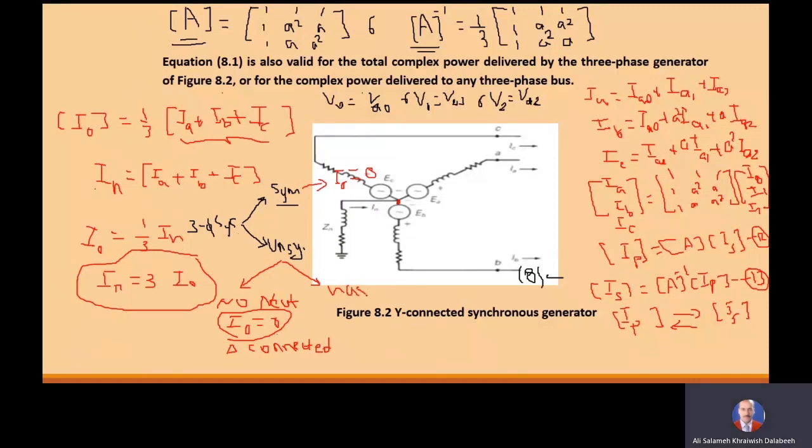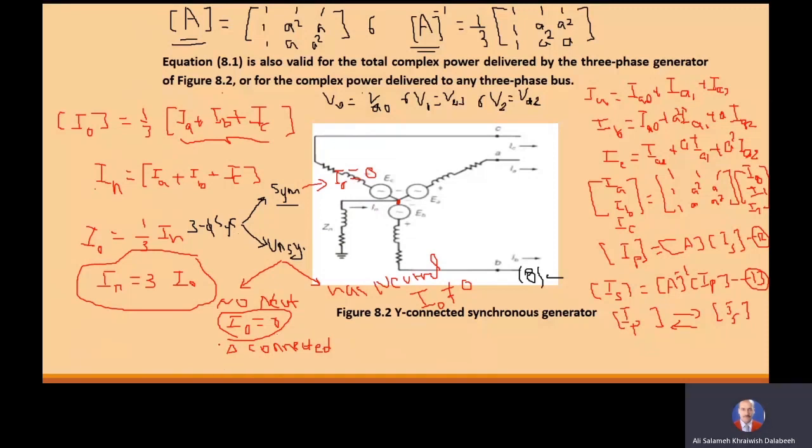If it has a neutral, then I naught is not equal to zero. There is a value of the zero sequence. This is a very important note.